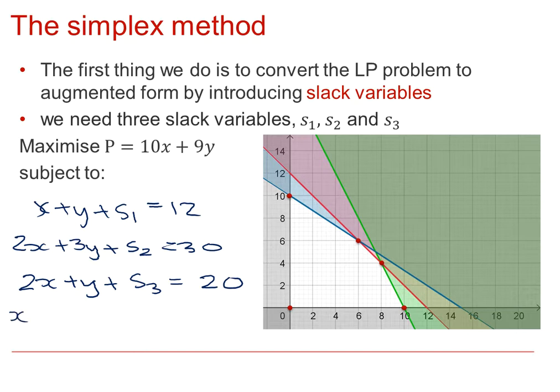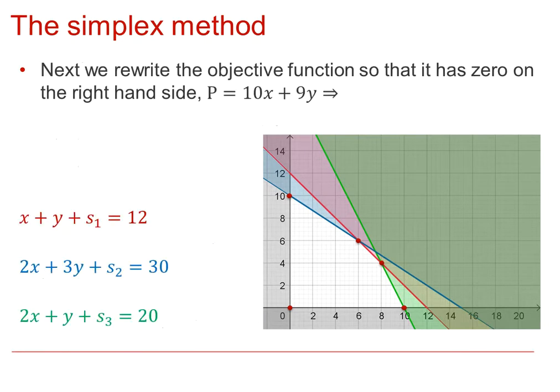And we know that x, y, S1, S2, S3 are all greater than or equal to 0. We also need to rewrite the objective function so it has a 0 on the right hand side, and this would give us p minus 10x minus 9y equal to 0. Note we've graphed the lines and I've made the colour of the line match the colour of the text to make things clearer.